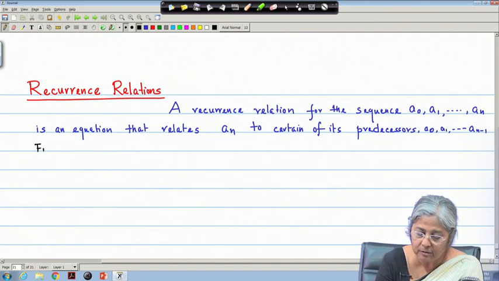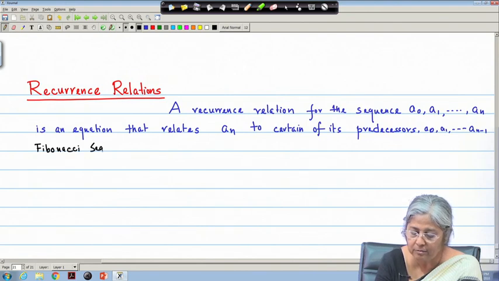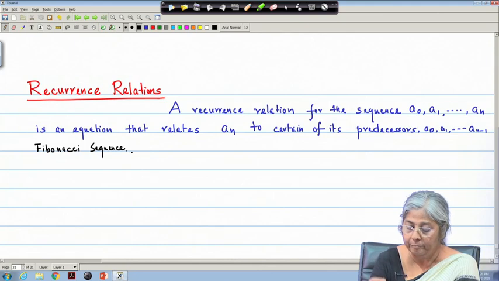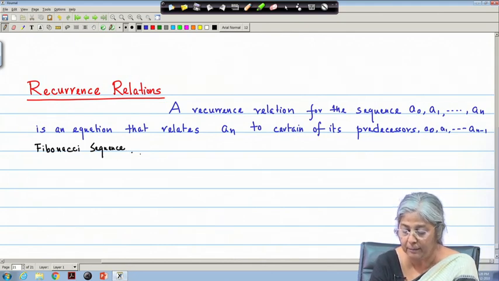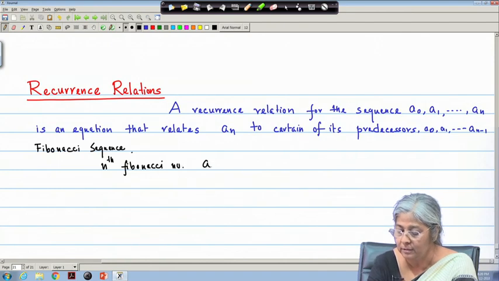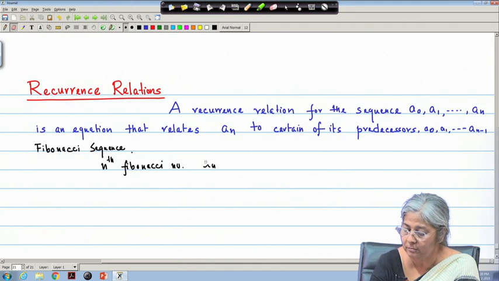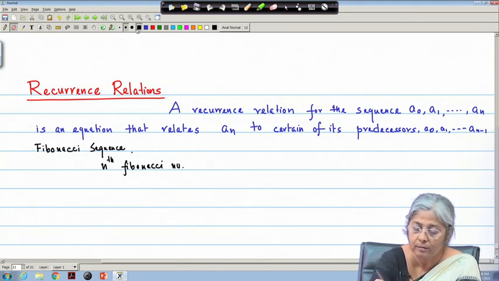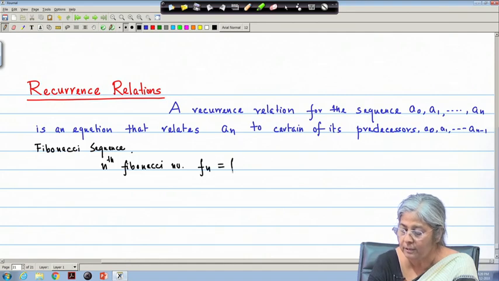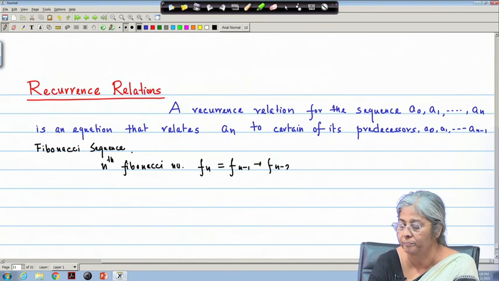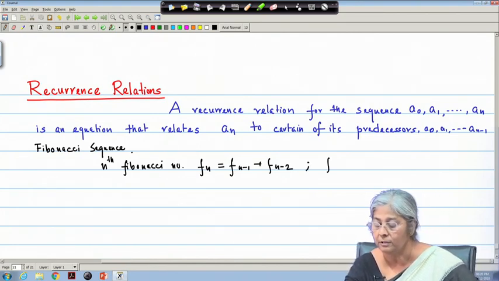For the Fibonacci sequence, we know that the nth Fibonacci number Fn is Fn minus 1 plus Fn minus 2, and some initial conditions are given: F0 equal to 0 and F1 equal to 1.